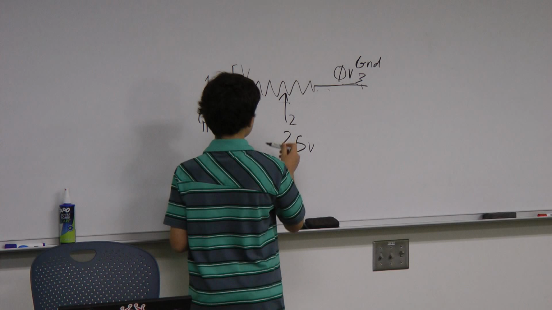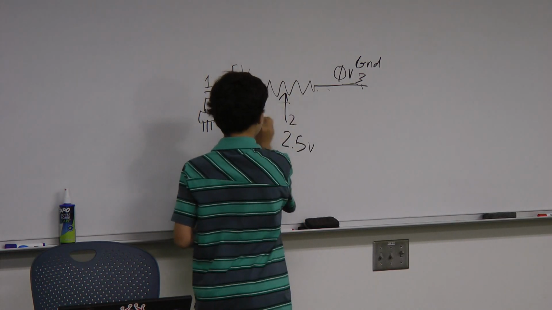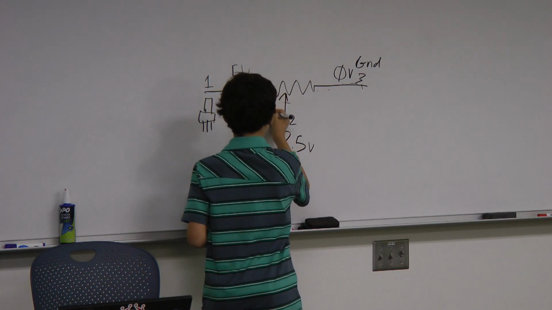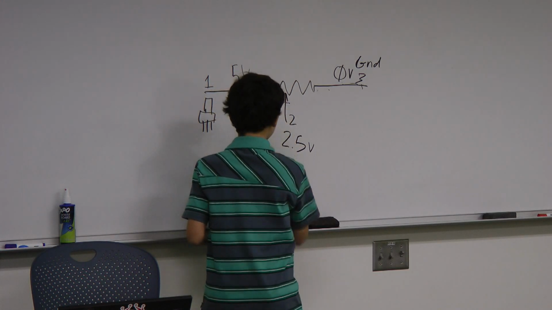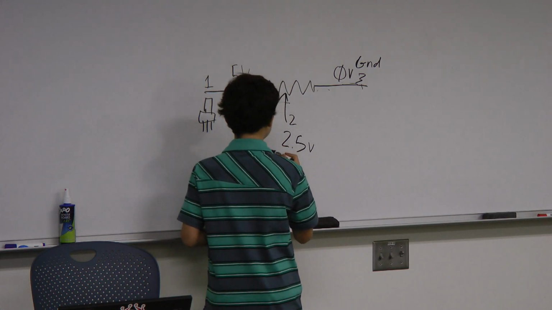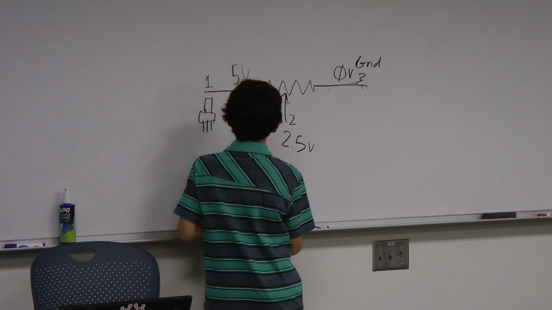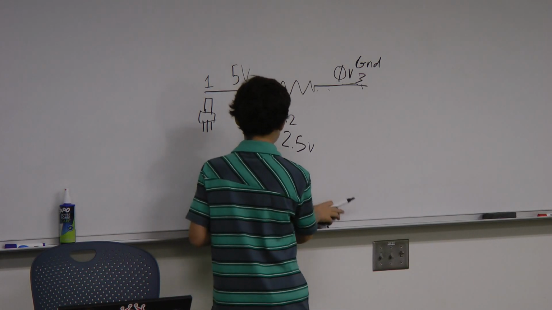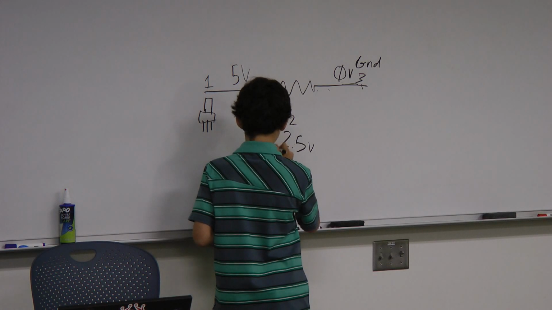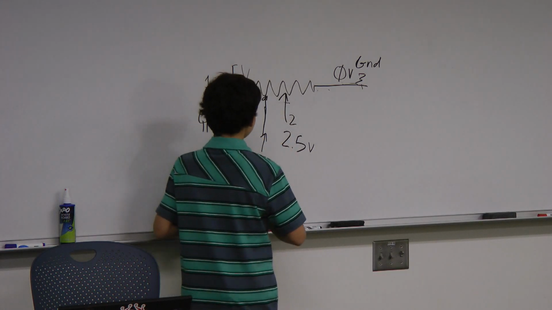Now say we turn this so it's 3/4 of the way from ground and 25% of the way from 5 volts. So it's maybe about here. Then what will happen, instead of being at 2.5 volts, it'll be about, let's see, 3.7 volts, I think.